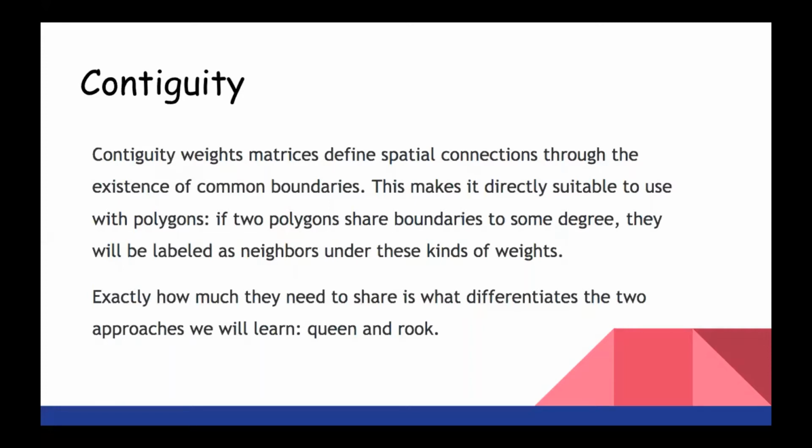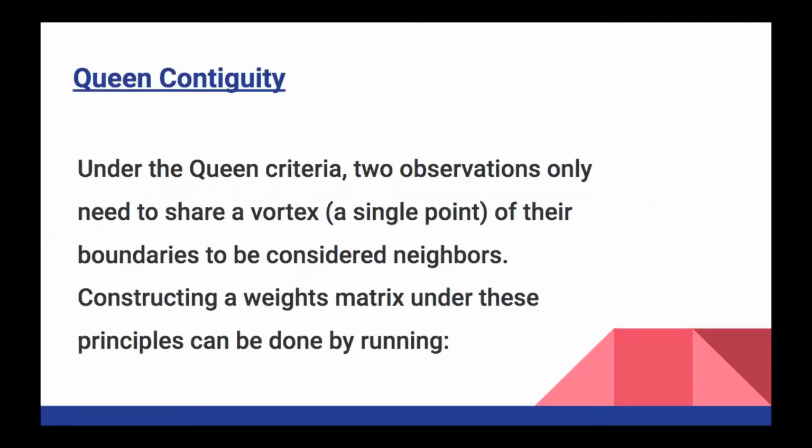And what are the two approaches? We have the Queen method and the Rook method. This is just a review. Now, under Queen contiguity, one criterion is very prominent. Two observations only need to share a vertex, that is, one point together in the polygon. Maybe one point just collides together, and then we can consider them to be neighbors.